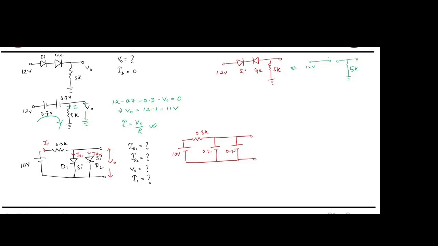Yes. So this one is I1, ID1, ID2. Okay. Can someone tell me what is V0? See, V0 is the potential across these two terminals, and it is nothing but the potential across the D2 terminal. Yes or no?